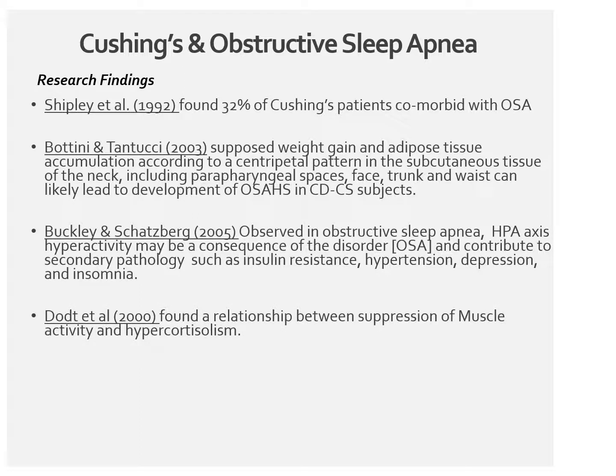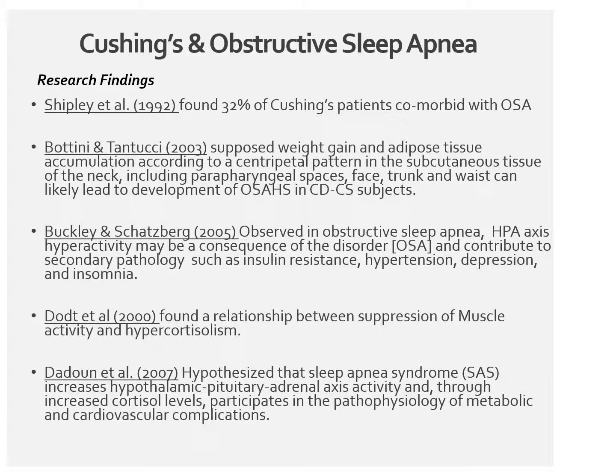And in 2000, a relationship was found between the suppression of muscle activation and hypercortisolism. So the more cortisol you have in your system, the more your muscles tend to be suppressed, both sleeping and awake.